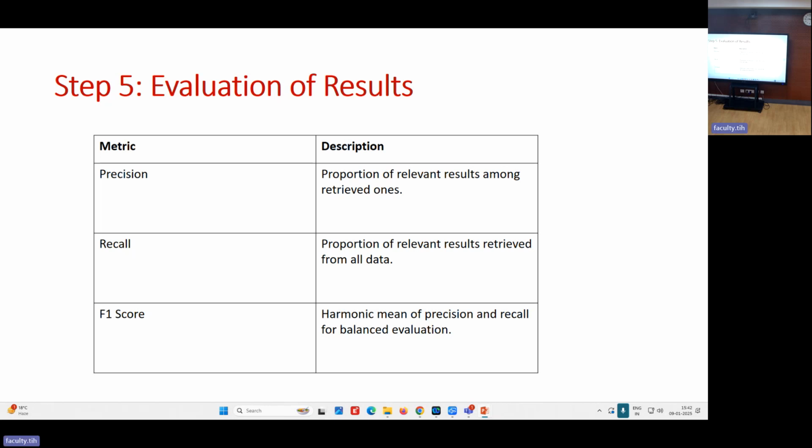Now if we are retrieving all the sentences, I'm not giving you the length of the summary, I am just telling you to extract the sentences. If you are extracting all the sentences, there would be a very high chance of overlapping the correct sentences with the reference summary.